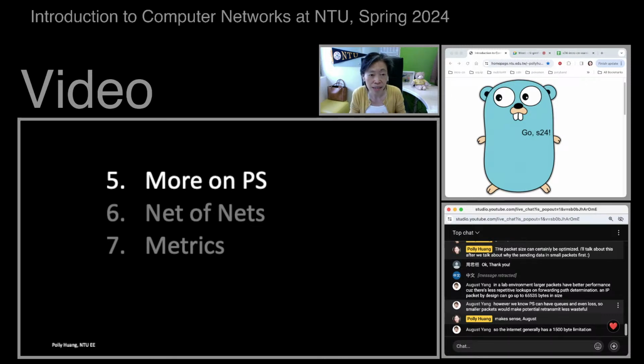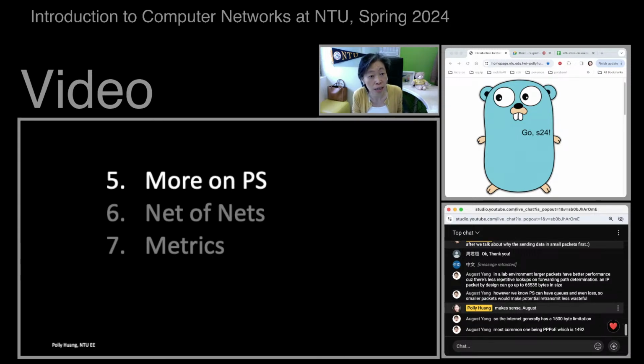So we'll see that in, I think, chapter 3 or chapter 4. All right, so I hope that explains Junhuan's question and also echoes what August is contributing. Which is, yeah, so it's a little bit lower than 1500 bytes, right?